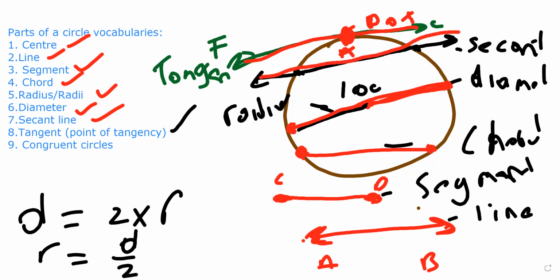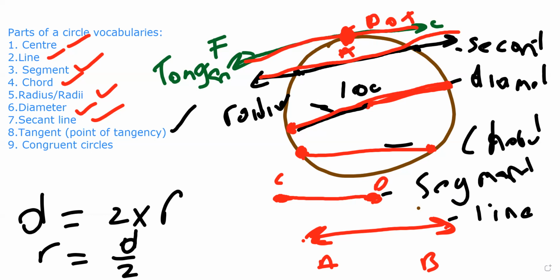Make sure that you remember that. Passing through the circle, that's the secant line. And the tangent line is like taking the secant line and bringing it down outside, touching the circle at exactly one point. We call this point the point of tangency, and that line is the tangent.